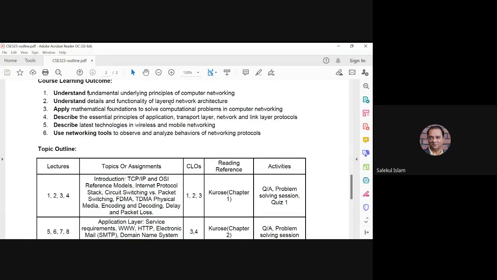So we will explain those things. What is this layering and how has this layering been implemented here? And we want to apply mathematical foundations to solve some computational problems. Mostly here we are talking about the routing protocols and the application layer, transport layer, network layer, and these things.